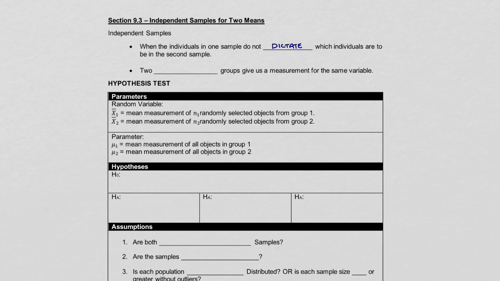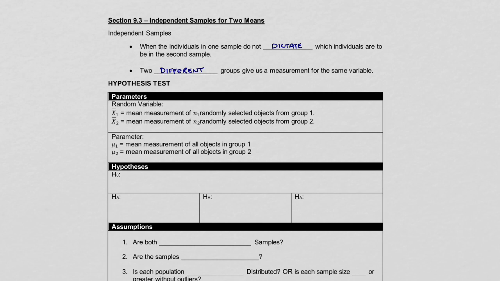Suddenly there is a dependence because depending on who I pick from group 1, that's going to force me to pick who I'm going to work with in group 2. So to keep going, we have two different groups that give us a measurement for the same variable.